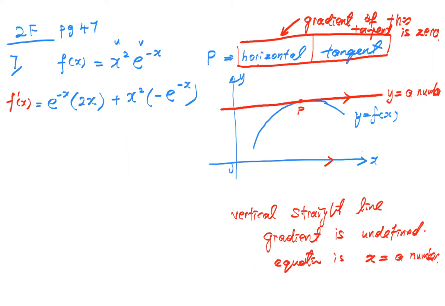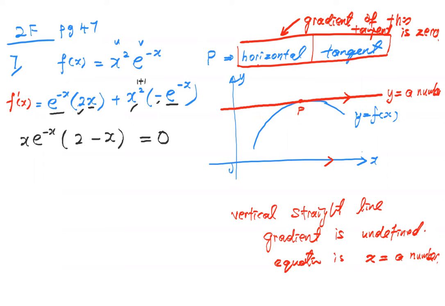So I will write e to the power negative x as a common factor. x is a common factor also, correct? Because 2 is 1 plus 1, I take out e to the power negative x and x. Here remainder 2, here remainder negative x, equal to 0. So this is the gradient.